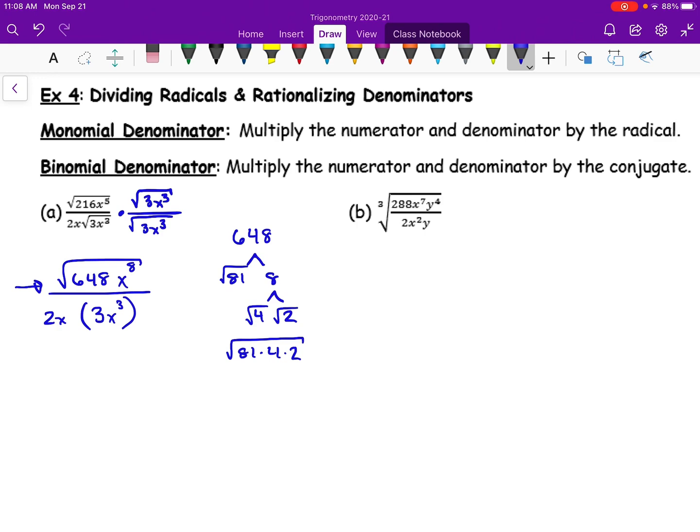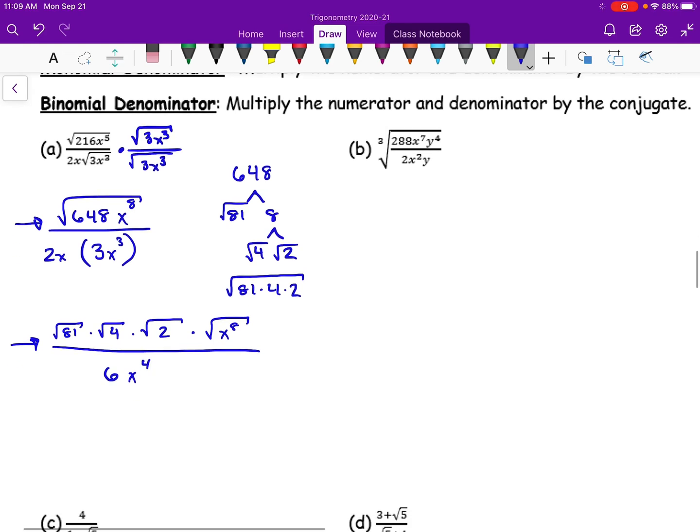So on top, square root of 81 times square root of 4 times square root of 2 times square root of x to the 8. And on the bottom, we got 2 times 3, which is 6. x times x cubed is x to the 4.